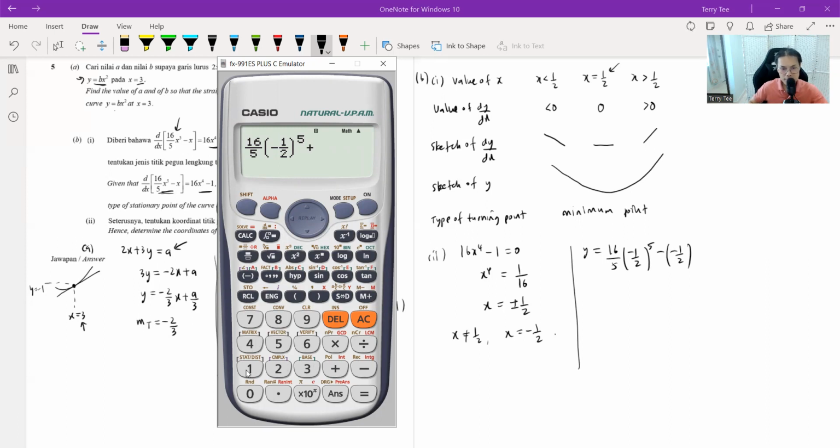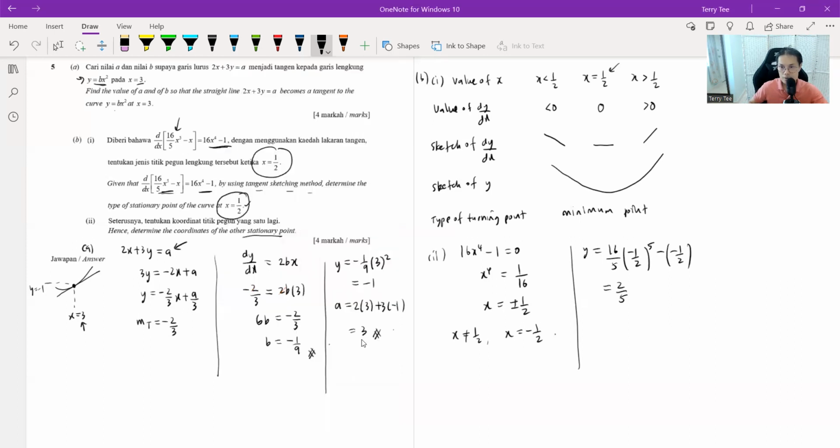Minus, I can just write plus 1 over 2. There you go. My answer is 2 over 5. Okay, so the coordinates of your stationary point are negative half, 2 over 5. All right.